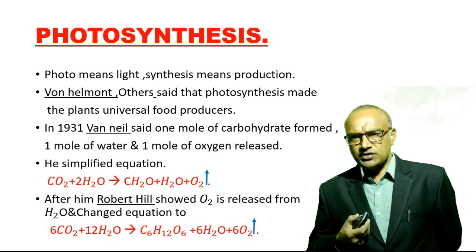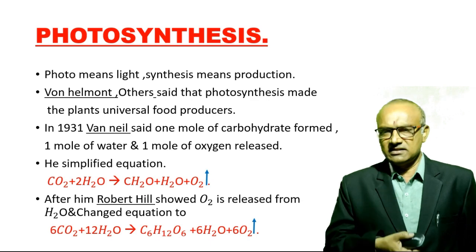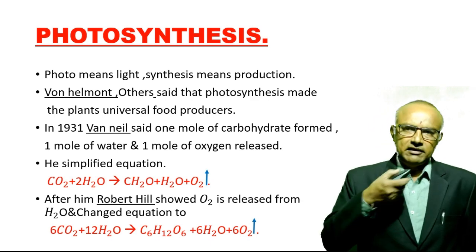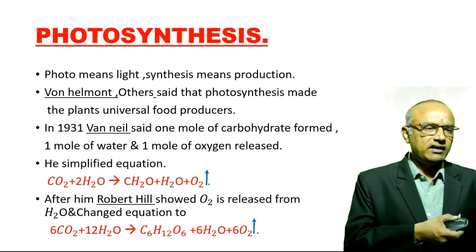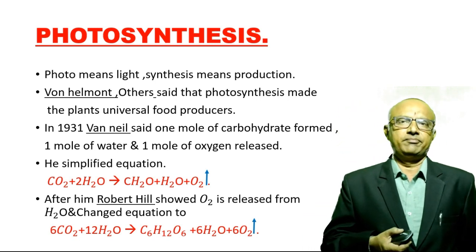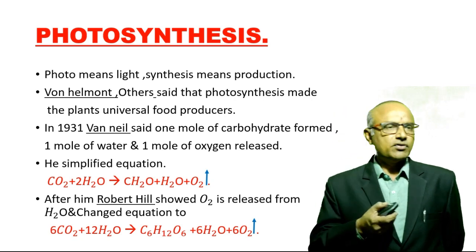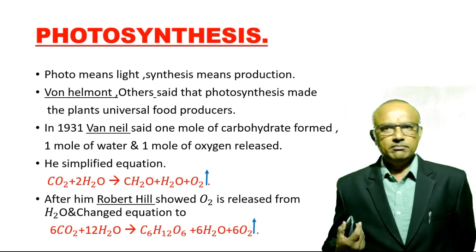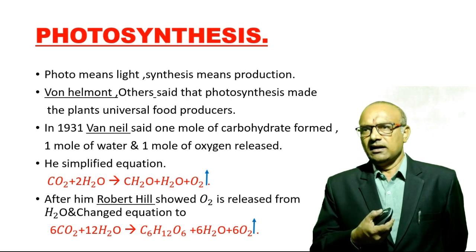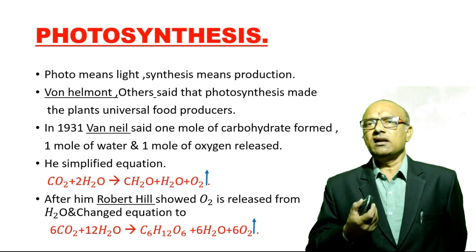This was the conclusion he found at last. Before this research, he worked in a different manner, in which instead of water he used only H2S gas, that is, hydrogen sulfide. When he used hydrogen sulfide gas in the photosynthetic equation, the products formed were sulfur but not oxygen.